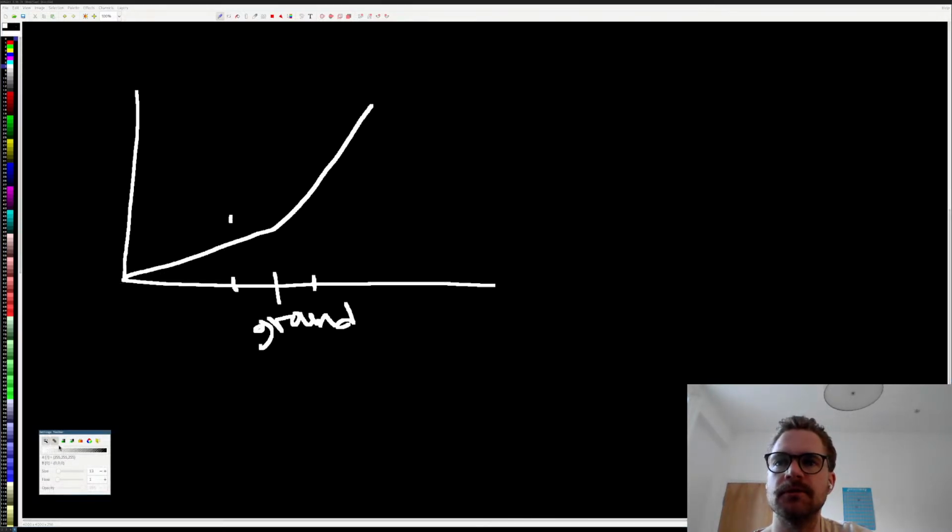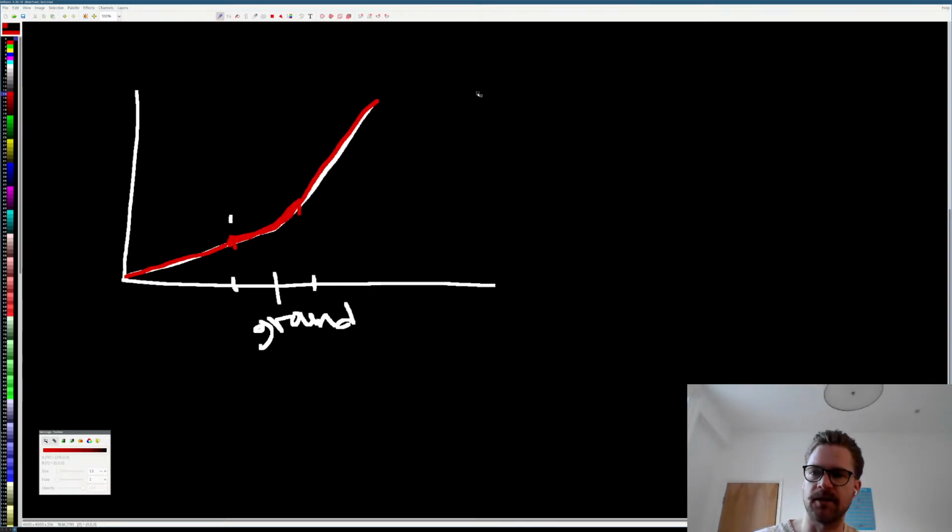So it could do like this, and then until this point it would be a little bit curved, and then it would be straight. Which mathematical function can give me this?